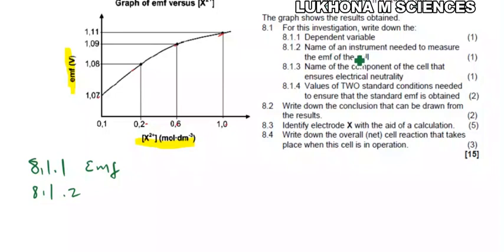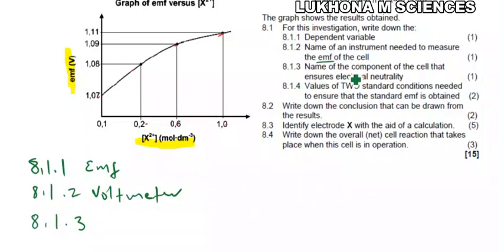So let's go to 8.1.2. Name the instrument needed to measure the EMF. We use the voltmeter. We use the voltmeter to measure the voltage, to measure the EMF. So we use the voltmeter. Let's go to 8.1.3.